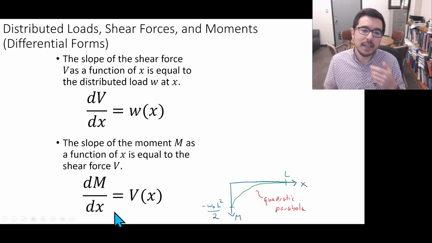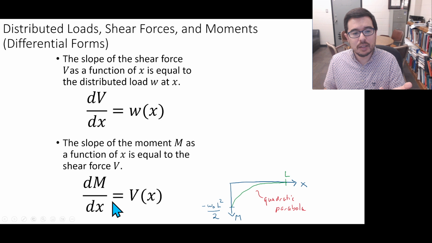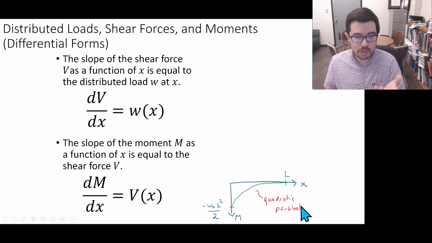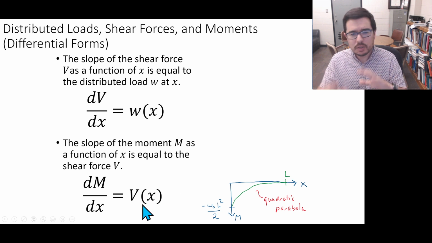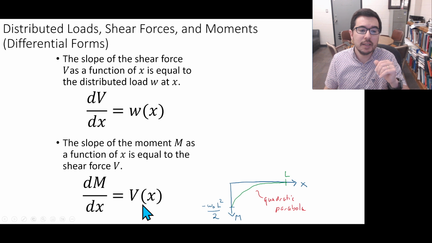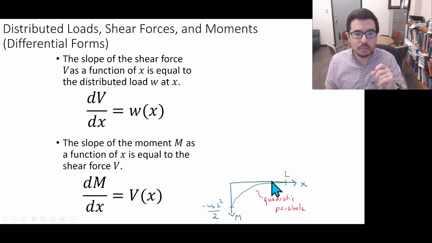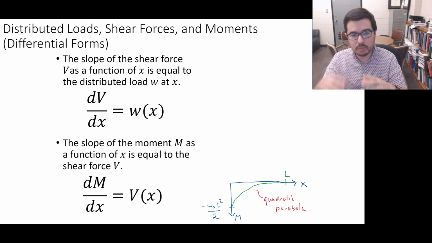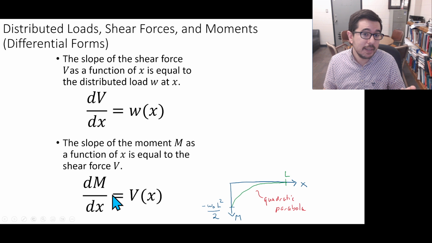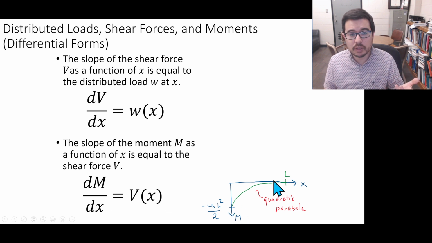So we say, hey, take the derivative of this moment, which is of a quadratic form, to figure out what the shear force is. So just graphically at this point, we know this is a second order system. It has some negative coefficient times an x squared, and maybe some other terms. So if we take a derivative of that, it's going to go from a second order quadratic equation to a first order linear equation.